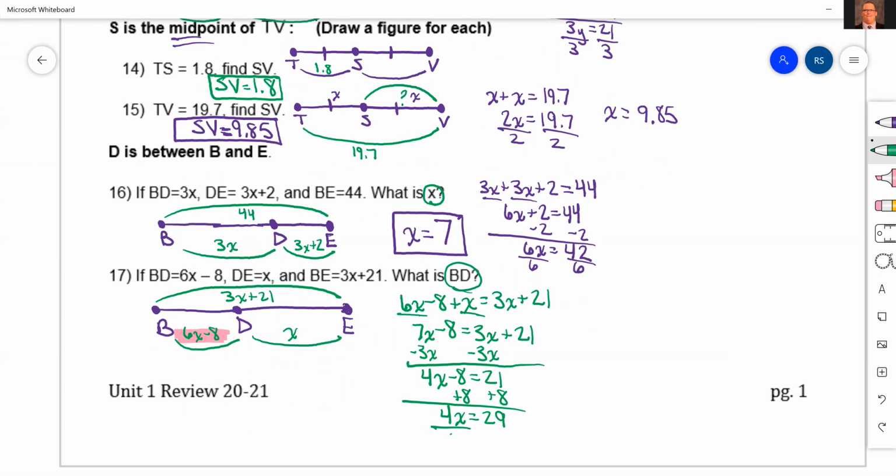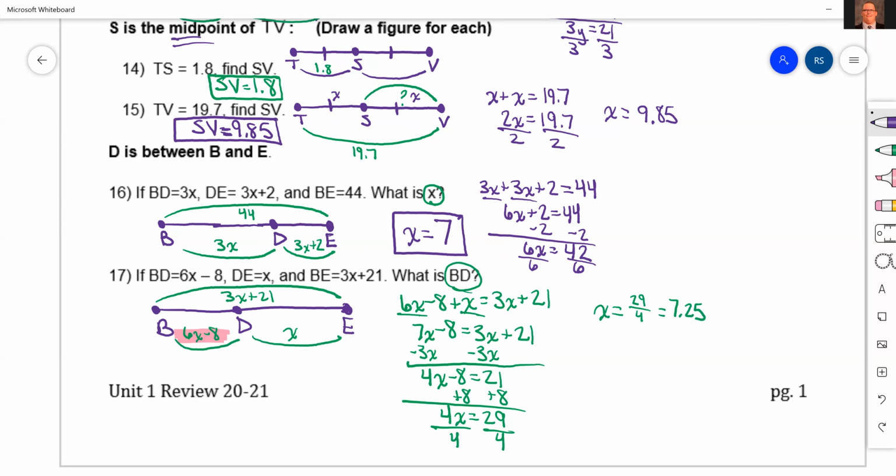Think I can squeeze it in. Divide by 4. I'm going to have to write x up here. X is, we can say 29 divided by 4. That certainly works. But it also gives us a nice decimal, which we can say is 7.25.